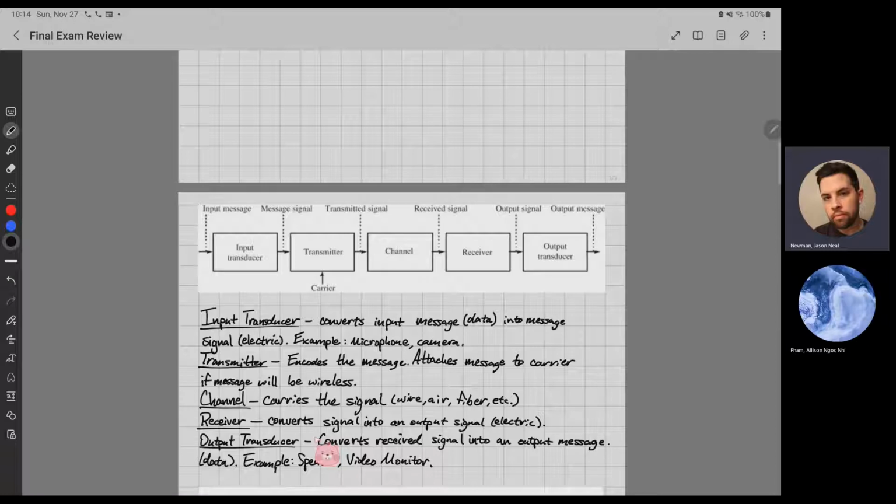Pretty self-explanatory. And then the output transducer is the same as the input transducer, but it's just opposite. So it converts that received signal into an output message. An example would be speaker or video monitor.